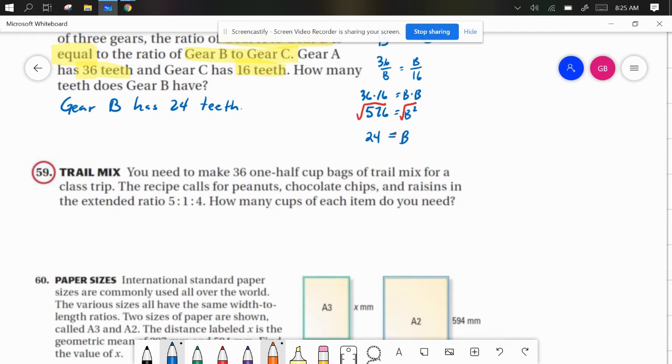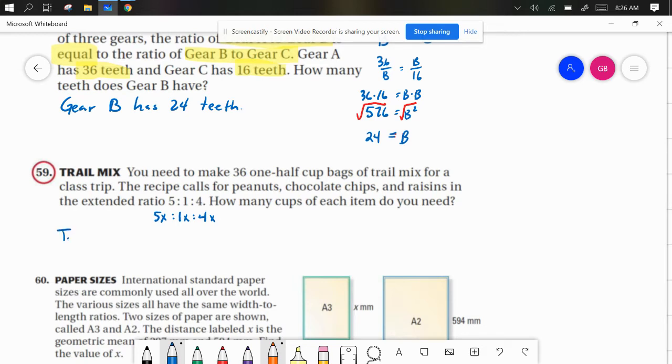Okay, so you have 36 1/2 cups, so that's the total. We don't know what the exact amount of peanuts, chocolate chips, and raisins are, but we know the ratio. So I'm going to change the ratio to 5x, 1x, and 4x.